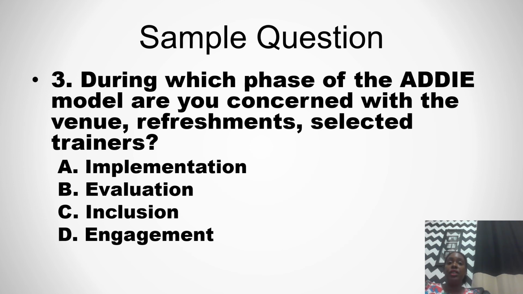Again, feel free to pause the video if you need a few minutes. The answer to this question is A, implementation. When you're implementing your training, you want to make sure that you've checked all of these things, and it's really going to be mode specific.